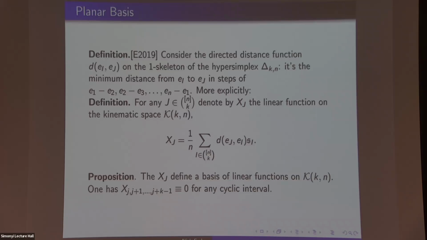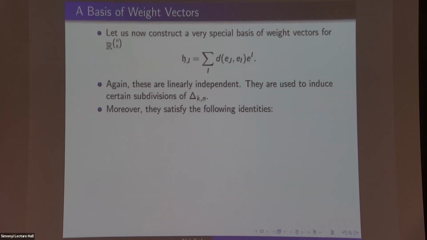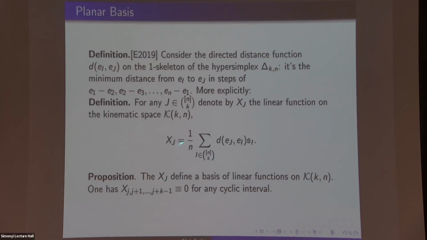That says it is in the lineality space of some vector space, of the tropical Grassmannian in another language. But yes, we're going to introduce a very special basis of weight vectors. So we know that the x_ij's are a basis. They're linearly independent and they span the space of dimension R to the n choose k minus n.